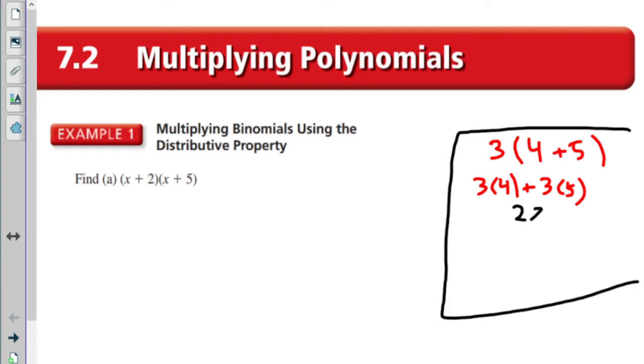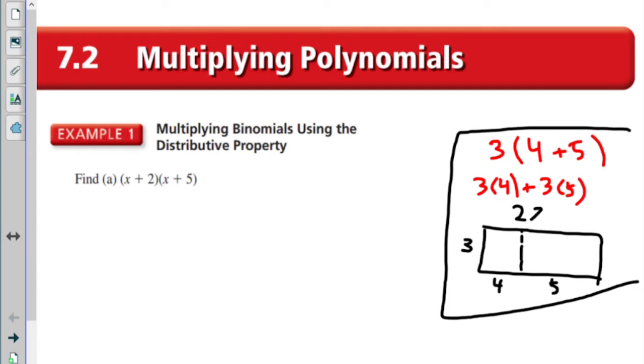Geometrically, because this is geometry, and I showed this at the beginning of the year, you can visualize this as being rectangles. So for example, this piece here is 3, this piece here is 4, this piece here is 5.